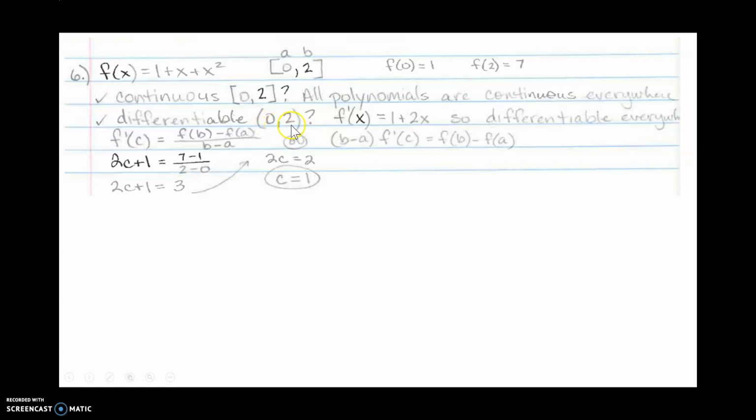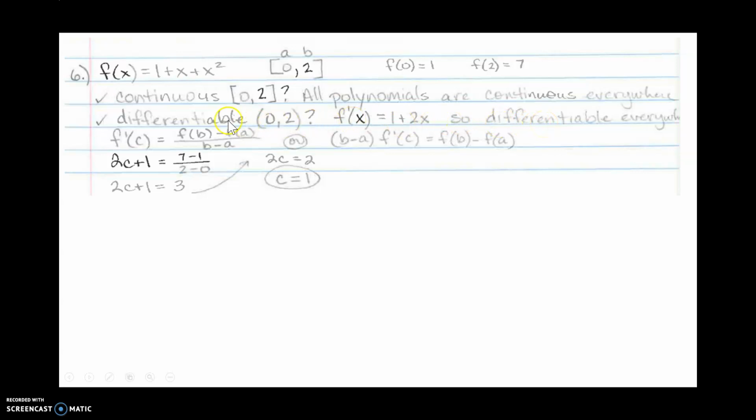But the other thing you could do is actually take the derivative. And when you take the derivative, you get 1 plus 2x. And in looking at that, you can see there's nowhere that derivative has a fraction or a radical. So there's nowhere it's not going to exist. So yes, it's differentiable everywhere.